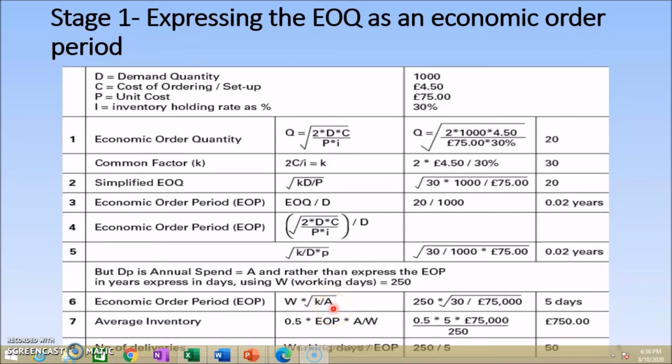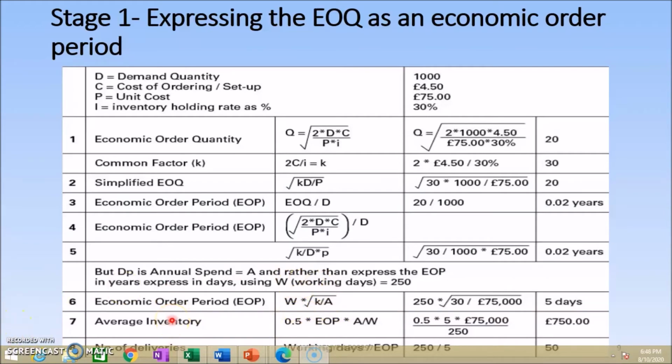But this time we express the years as working days. Typically, we use 250 working days a year, based on 5 working days a week. And we come up with this formula.